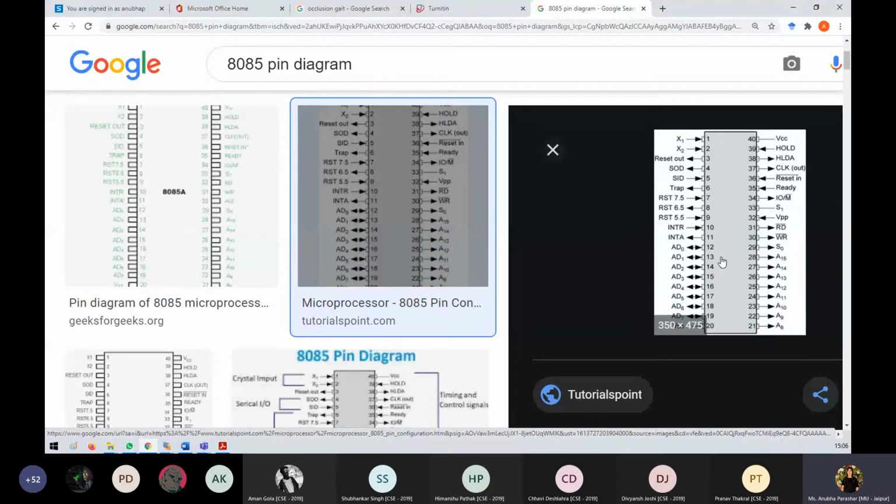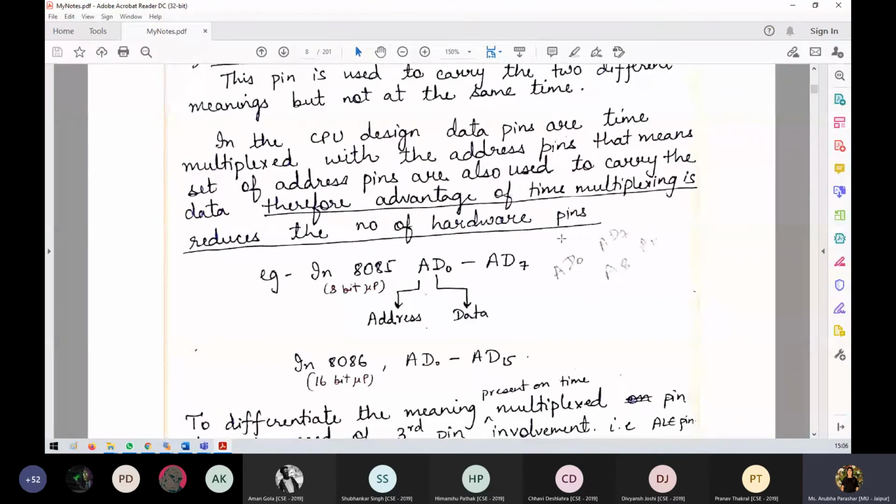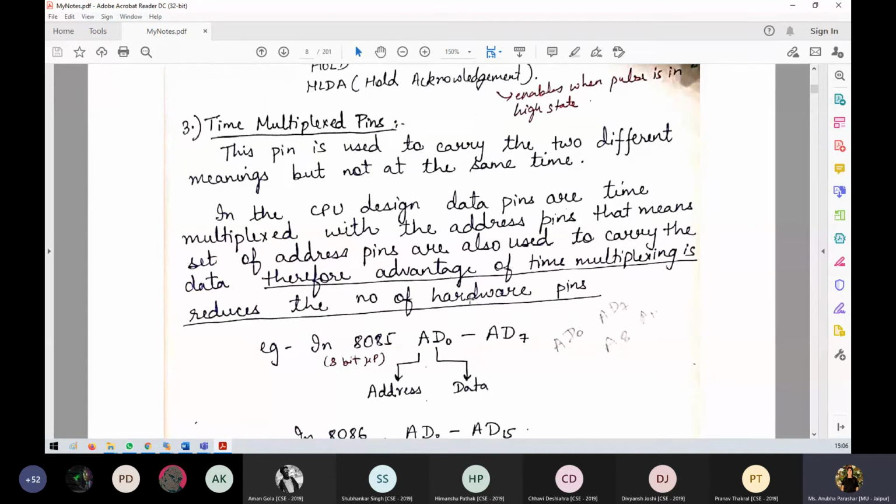I'll also share one more PDF apart from my notes of 8085 microprocessor to make your concepts clearer. So this is AD0. It could be enabled as address or it could be enabled as data. The pin that has the power to enable these is known as a time multiplexed pin.